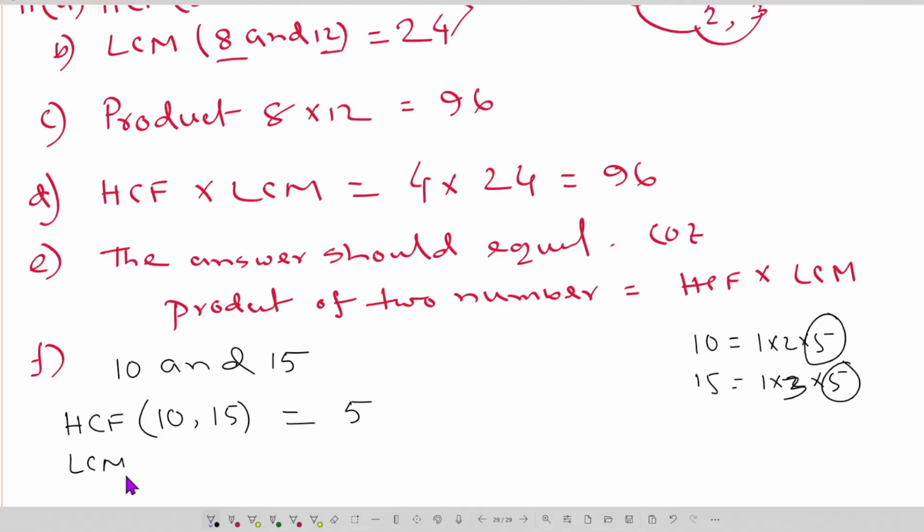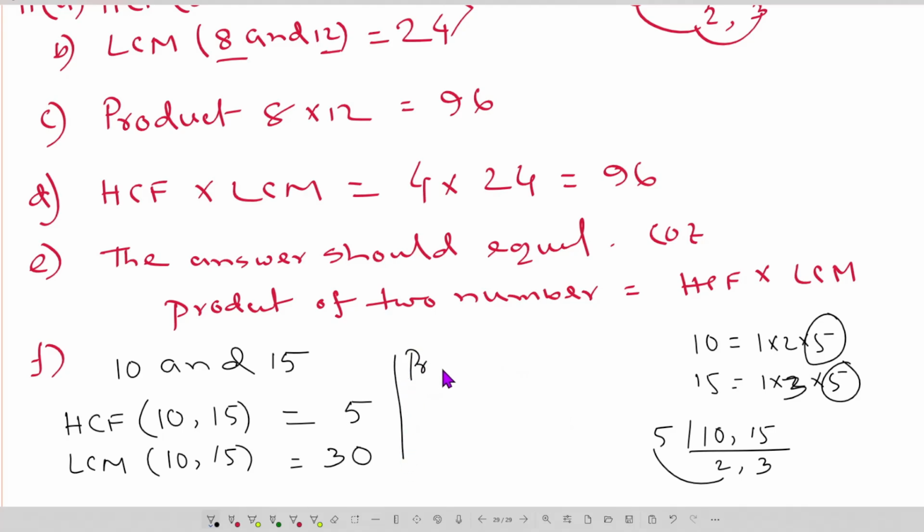Then the LCM of 10 and 15. First we divide by 5, so we get 2 and 3. So 5 times 2 is 10, 10 times 3 is 30, right? Now look, the product equals 5 times 30, which becomes 150.